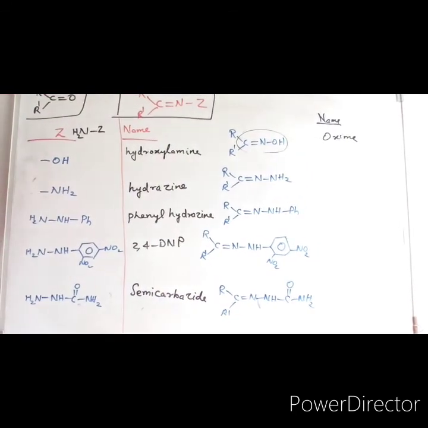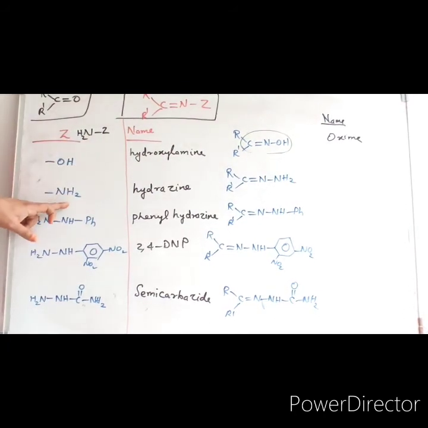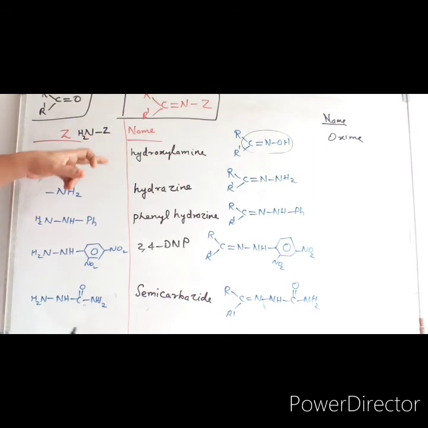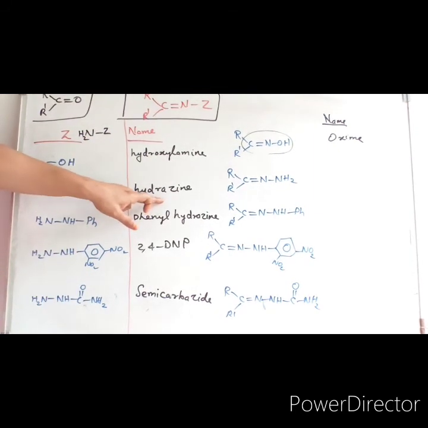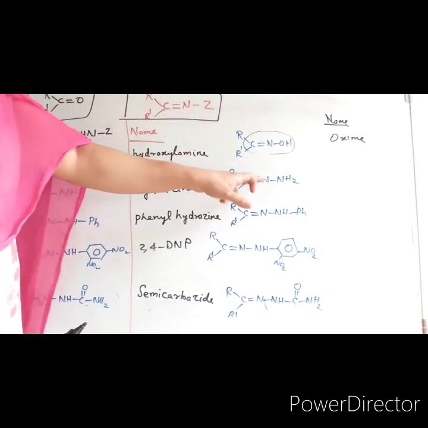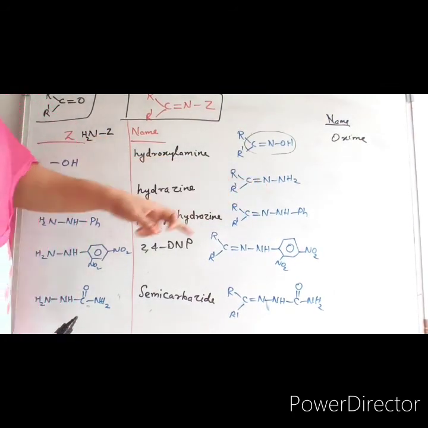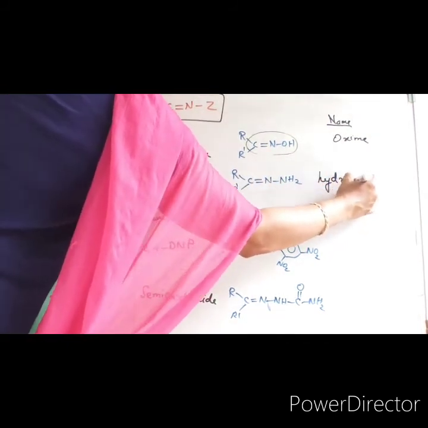Now if you take NH2 instead, as I said earlier, that will be hydrazine, NH2NH2, and the product will have N single bond NH2. This is called hydrazone. You might have studied hydrazones in +2 chemistry.